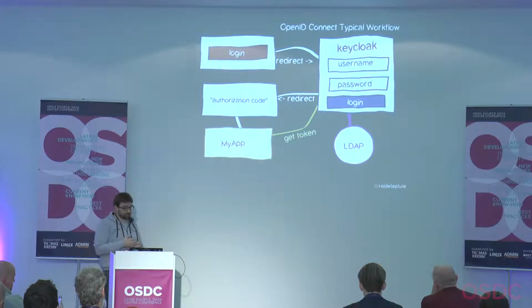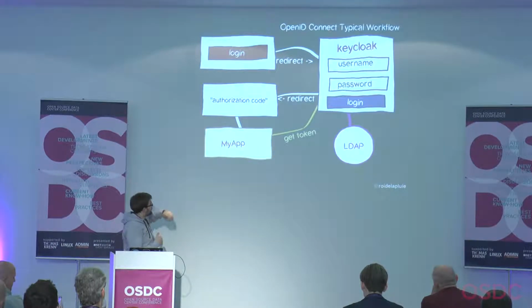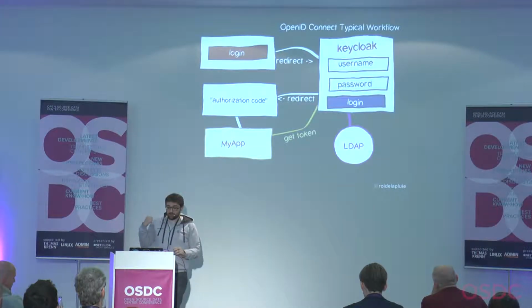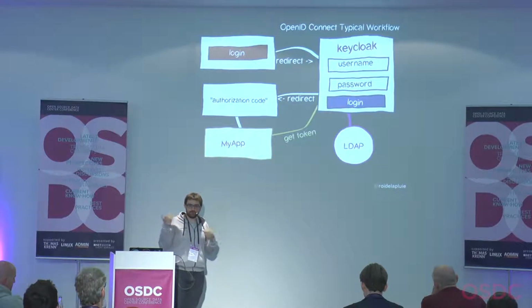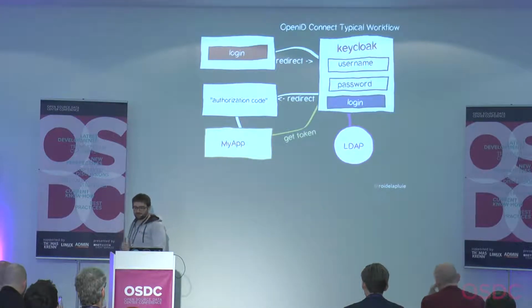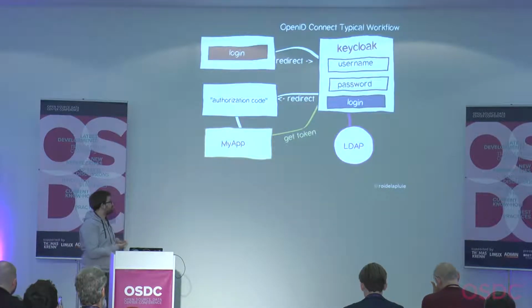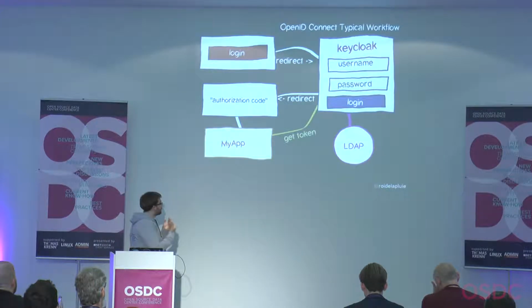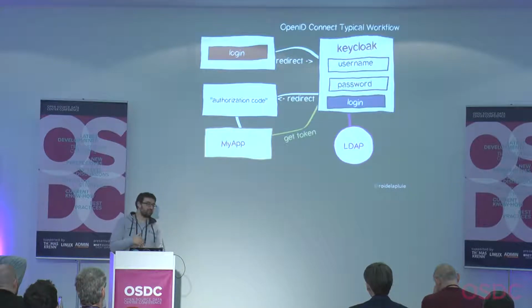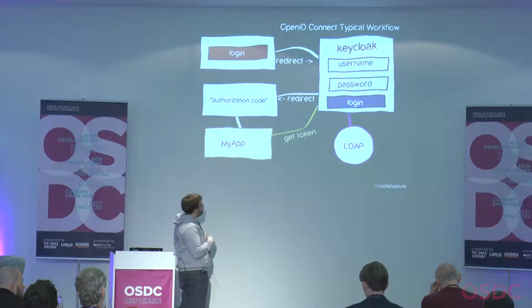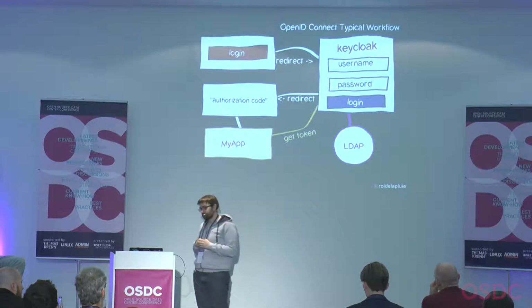The authorization code will enable the application at the bottom to go back to Keycloak and say, hey, who is that user that came to me with that authorization code? And then that application will get from Keycloak a token that will say, hey, this is Julien Pivotto, and he is a sysadmin.